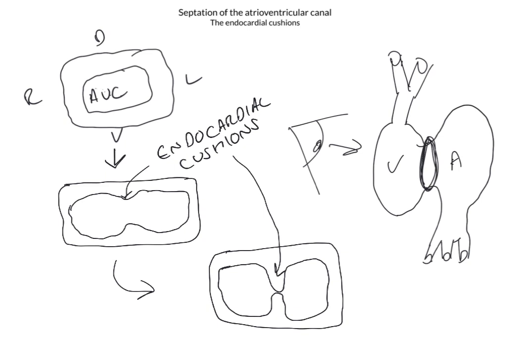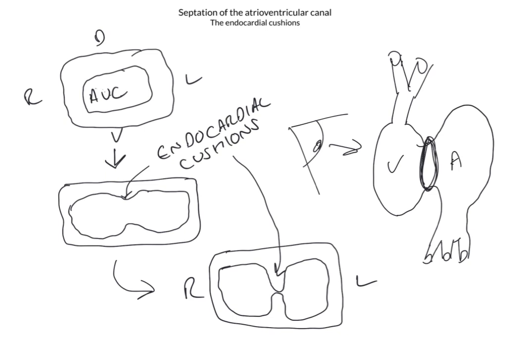If I remind you which is left and which is right, this region here is ultimately going to contain the mitral valve, and this region here is ultimately going to contain the tricuspid valve. The endocardial cushions are going to contribute to the separation between the atria and the ventricles and also help to support the valves in place.